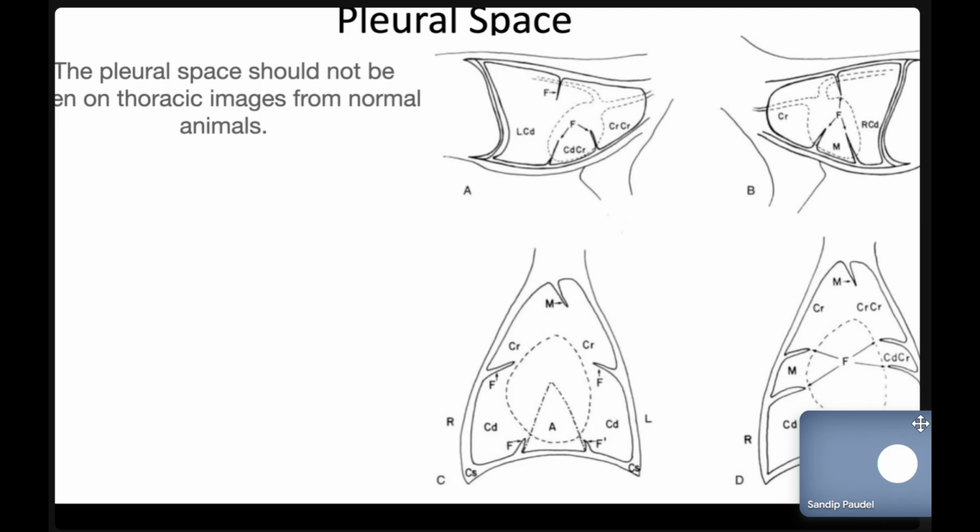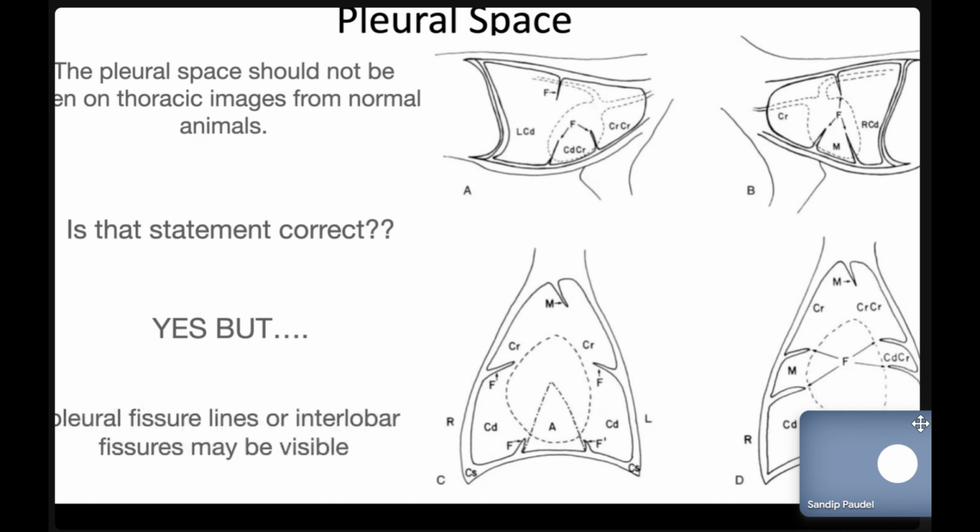If there is minor fluid content, then sometimes it's easily visible. Sometimes even if we don't see it, it's normal. Even if we see it, it may be normal, but it depends upon the fluid content between the pleural space.